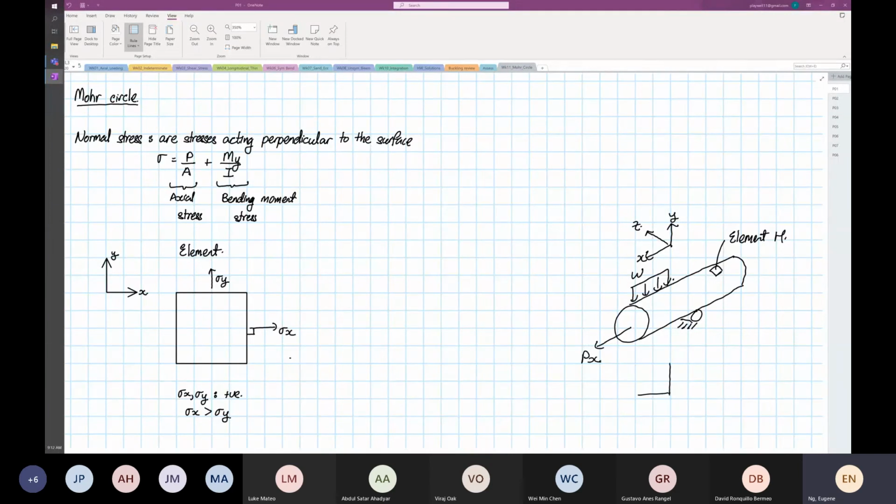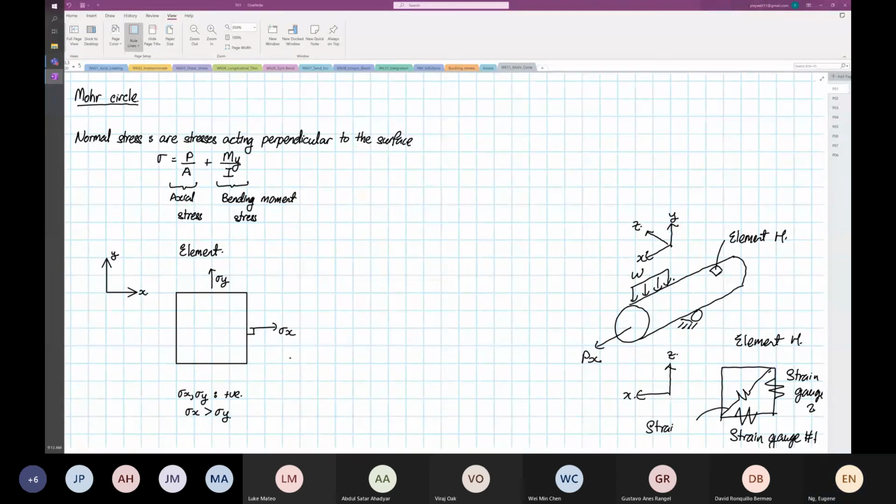If we look at the plan view, this is Z and X, and this is element H. It's usually a set of strain gauges. So at element H, you have a strain gauge going this way, strain gauge 1, strain gauge 2, and then strain gauge number 3 at an angle.